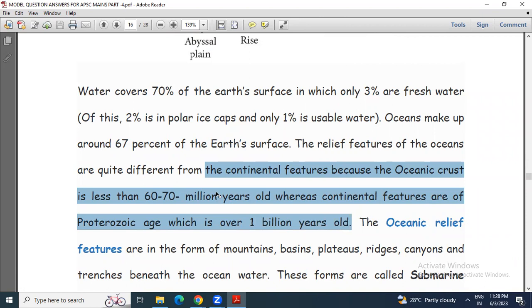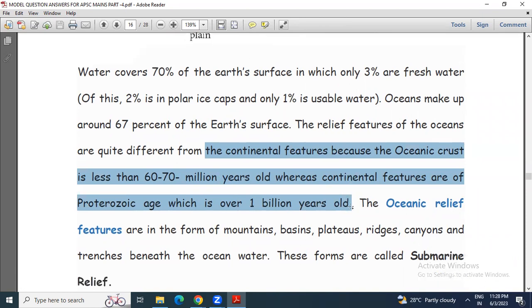The oceanic crust is only 60 to 70 million years old, or even less than that. But the continental features are over 1 billion years old, from the Proterozoic age. So when we say 1 billion years old, the continental features date from the Proterozoic age.